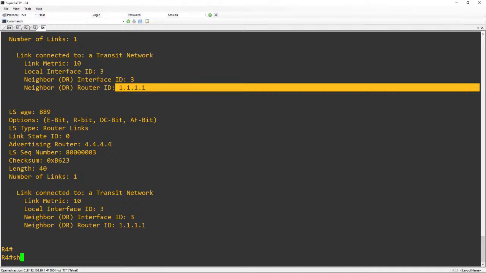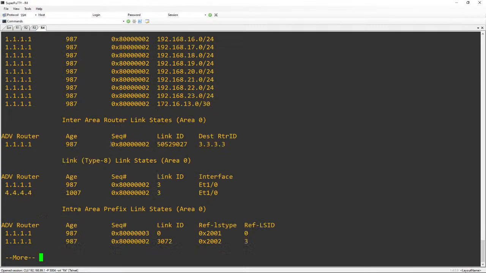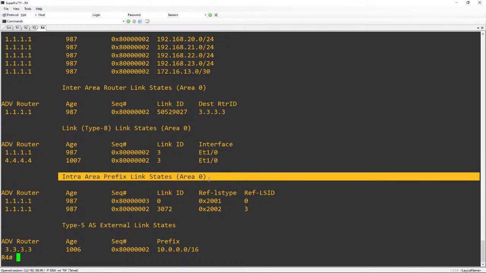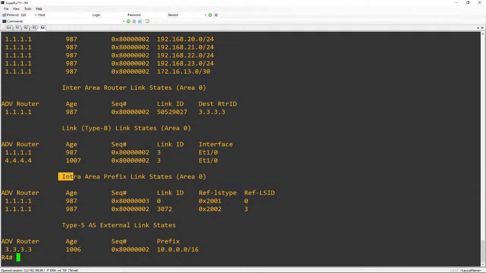So if I do a show ip ospf database, there is another set of LSAs that we have to look at right here. My intra-area prefix LSAs. This is going to describe the actual prefix information. So that's what I was telling you earlier.